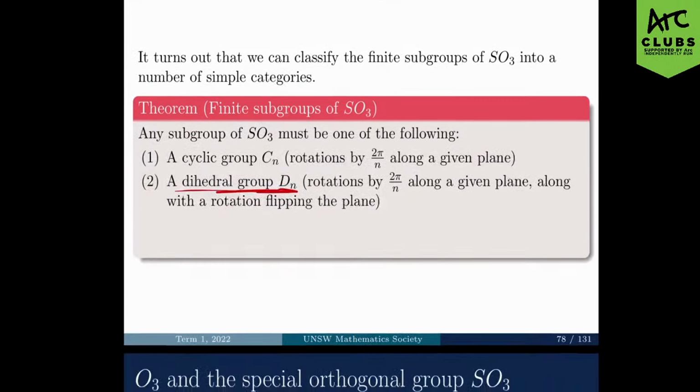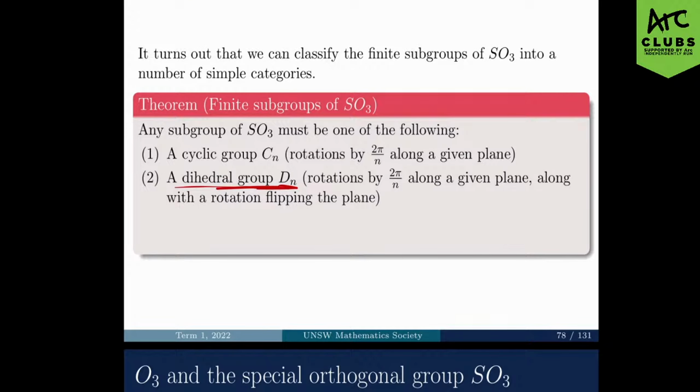Something to note with the dihedral group in SO3: let's say we have a nice plane here, and we'll take the square example from before. James would have shown us that the dihedral group is the group of symmetries of this square, consisting of rotations and reflections. But in this case, we can't actually have reflections. We can simply have rotations, rotating these vertices from there to there. But what would a reflection actually be?